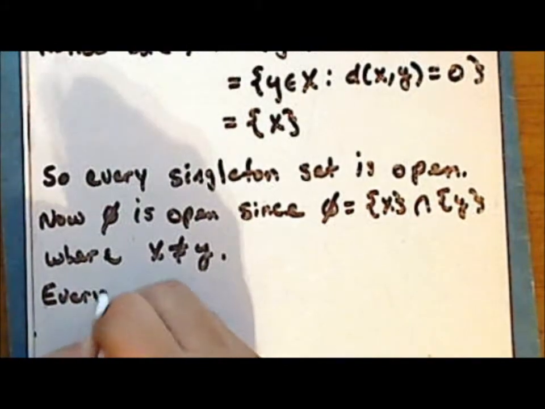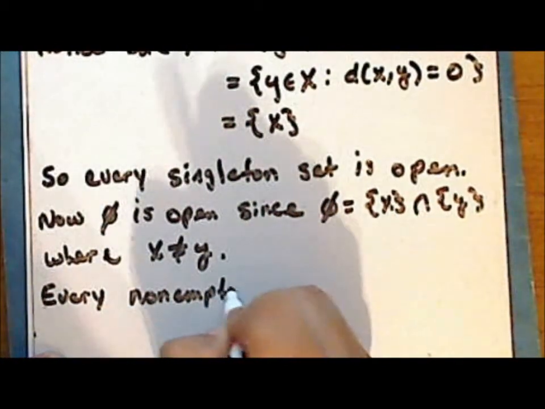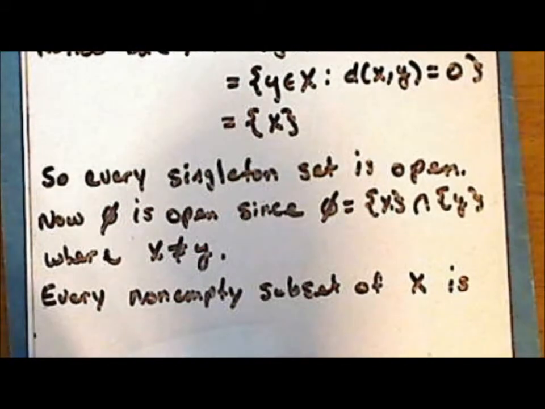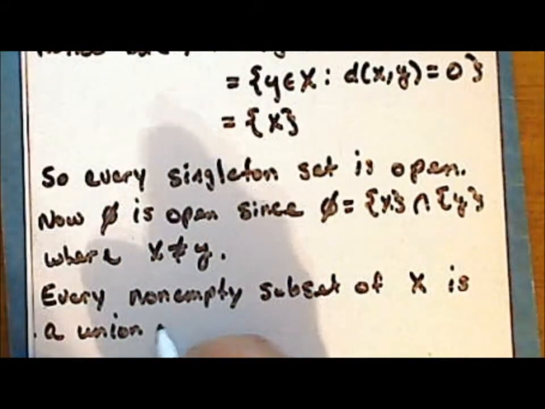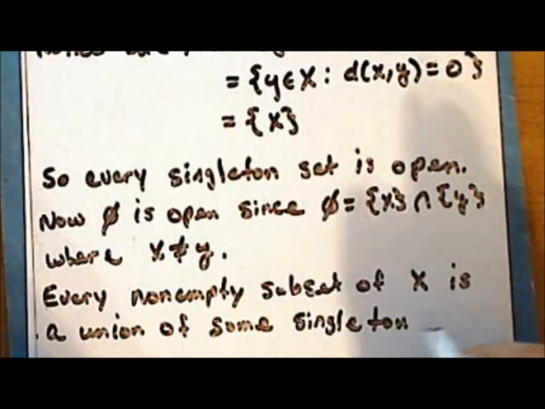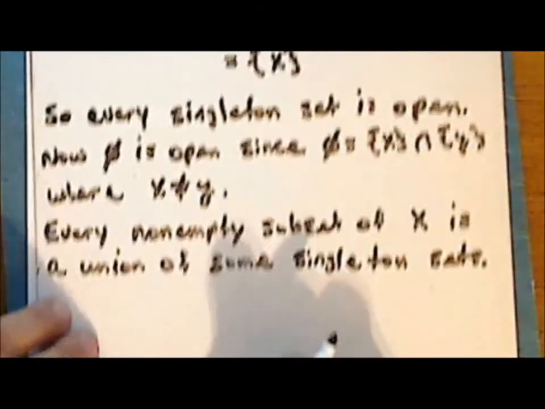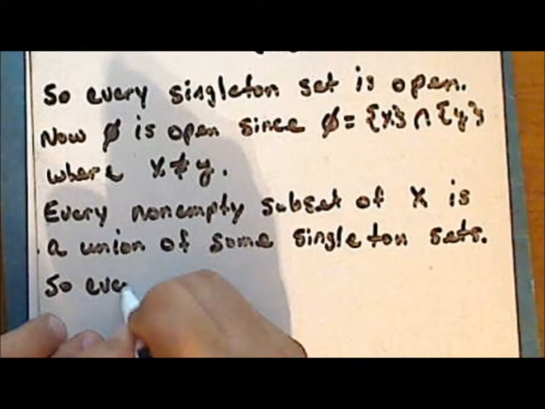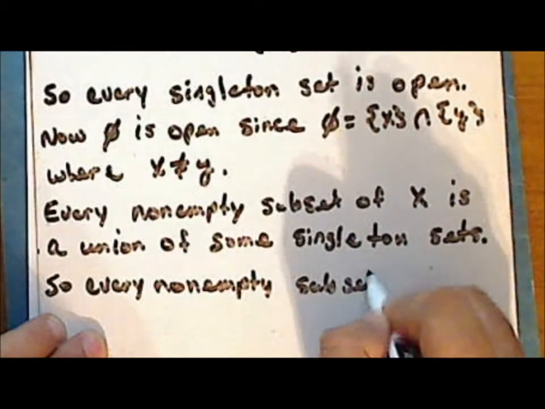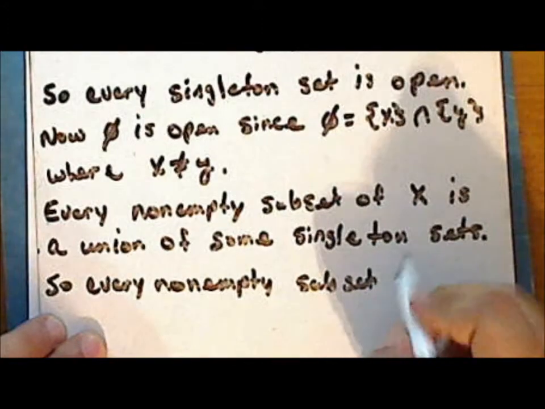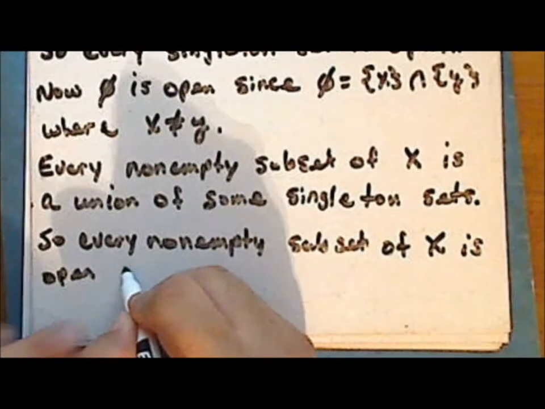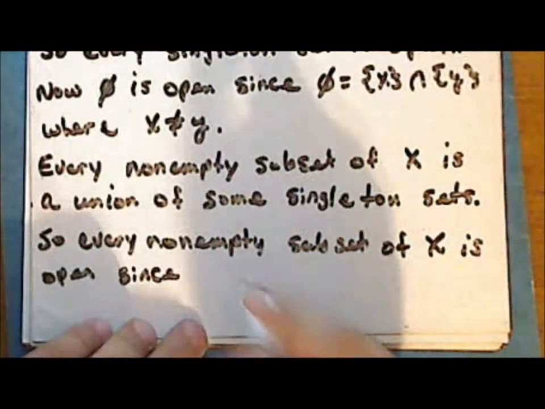And every non-empty subset of X is a union of some singleton sets, so every non-empty subset of X is open, since unions of open sets are open.